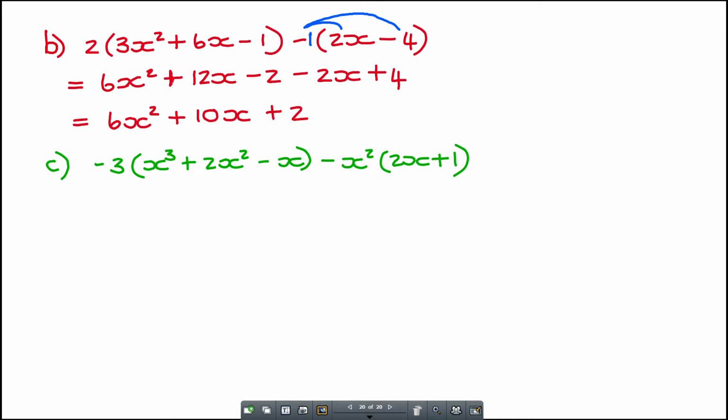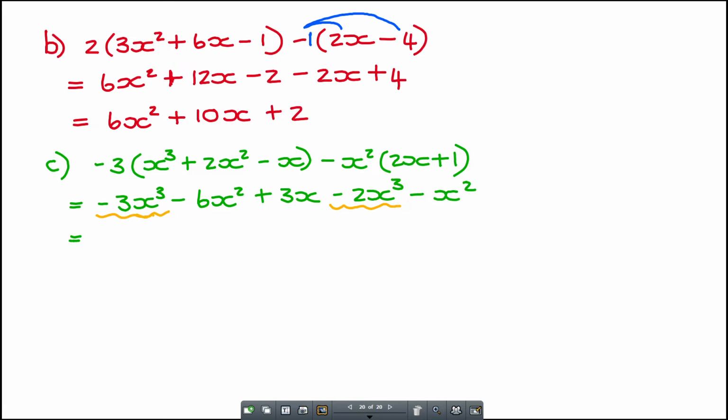Okay, right, so let's multiply in. This should give you minus 3x to the power 3, minus 6. Right, now we look for like terms. So minus 3x to the power 3 and that minus 2x to the power 3, they are like terms.